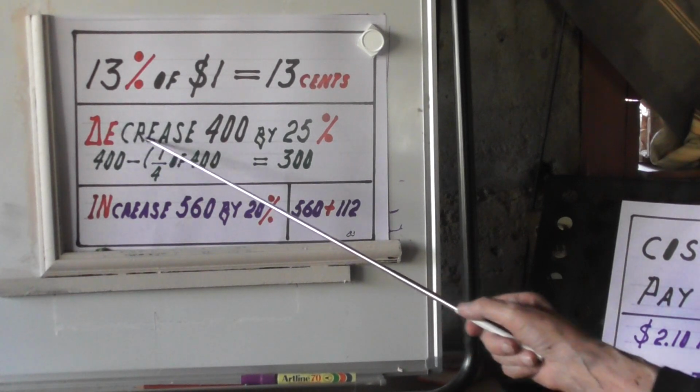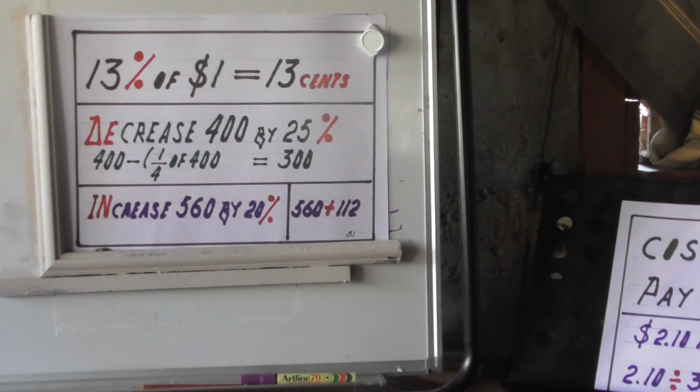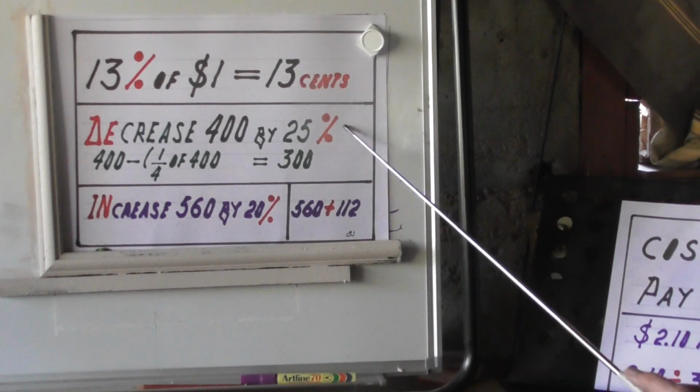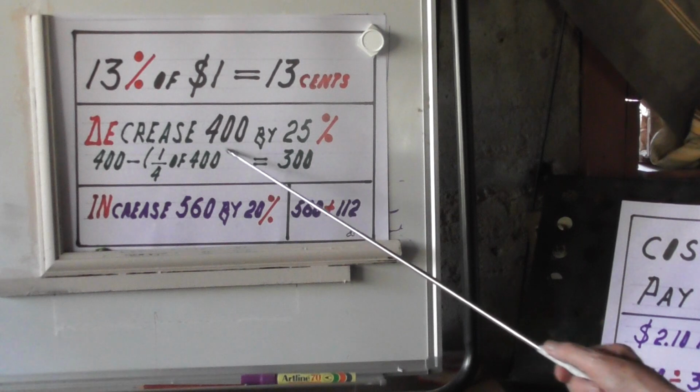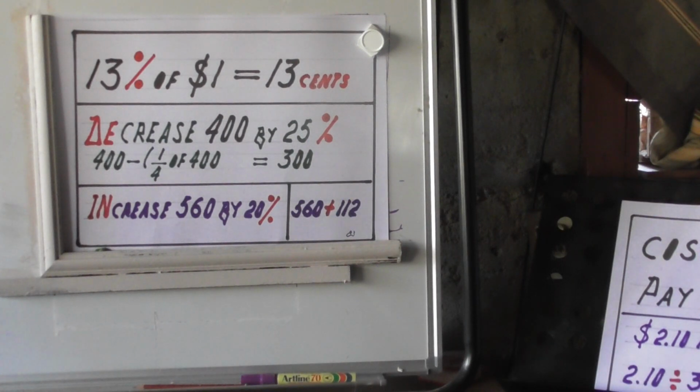We have to decrease 400 by 25%. It is very handy to know the standard fractions. So it's easy to say, oh, we have to decrease this number by a quarter. Numeracy, 25%, that's a quarter. 25 over 100 is a quarter.